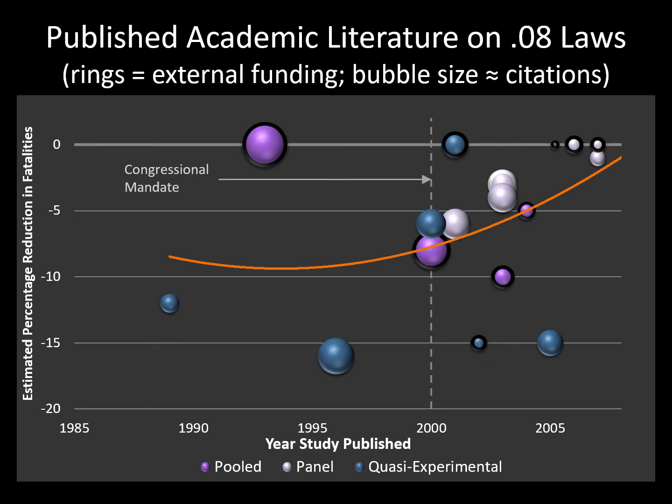So is that a causal thing, or is it just accidental? Or does it have anything to do with study design, which you can see changes at about the same time? And shoot, the more recent results are practically nil. Does that mean that these .08 laws don't really do much in the end?